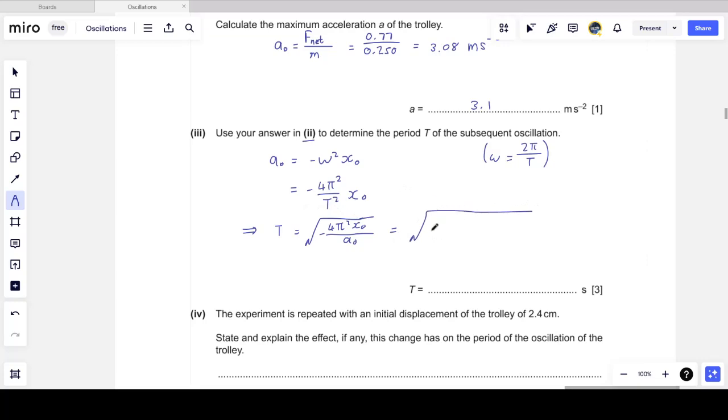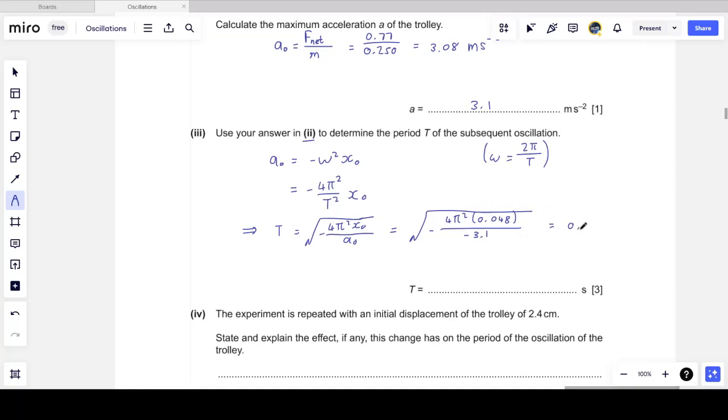And so we get this to be minus 4 pi squared times the amplitude, which we know is 0.048 meters, 4.8 centimeters, divided by minus 3.1 meters per second squared. If displacement is positive, the acceleration must be negative. And so the two negatives will disappear, and we can do the square root.